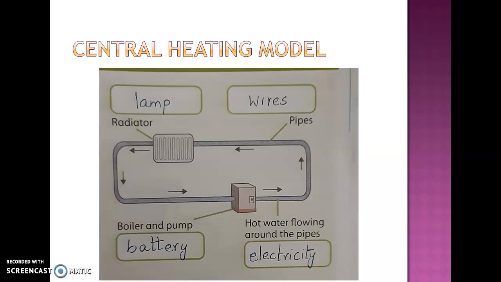We are comparing it with electricity. These pipes you can compare with the wires, and the radiator, finally, we can compare with the lamp or a buzzer or anything, but here we'll put it as the lamp.